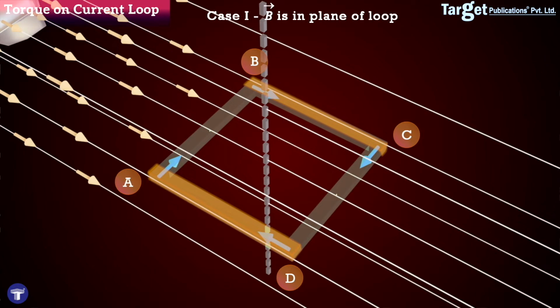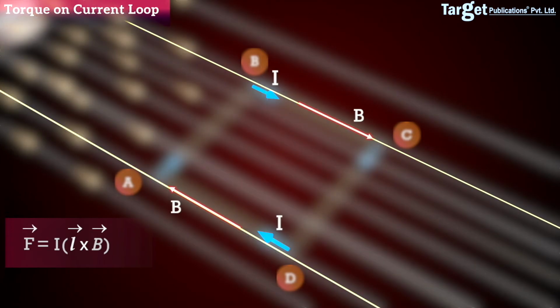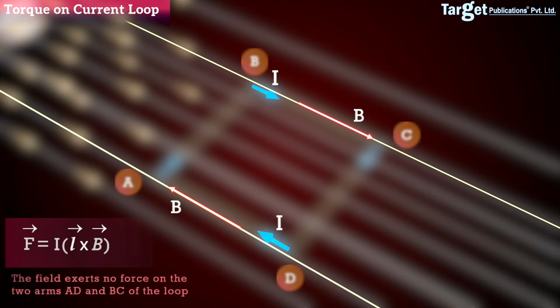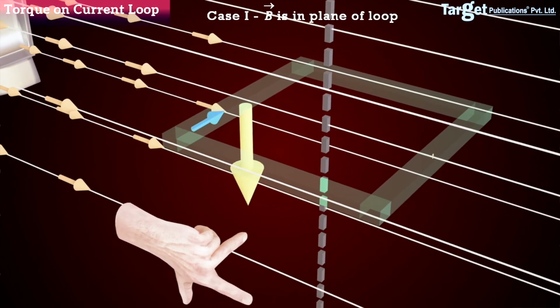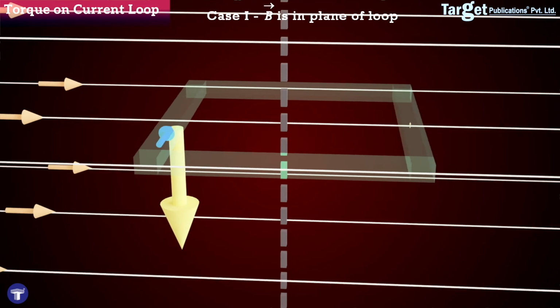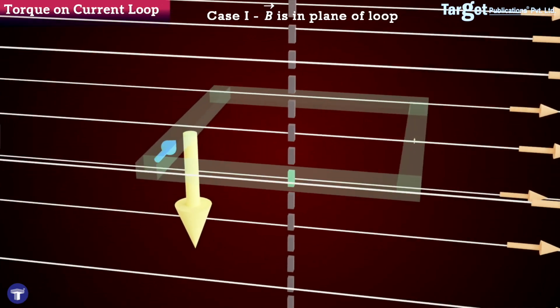This is because the force on a current carrying conductor involves the vector product of the vector L and B, and since they lie in the same direction for the arms AD and BC, the force on these arms comes out to be zero. The force on the arm AB of the loop is perpendicular to the plane of the loop and is of magnitude F1. This is directed into the plane of the loop.